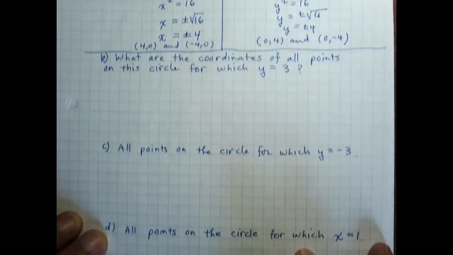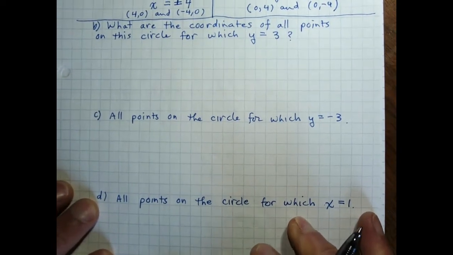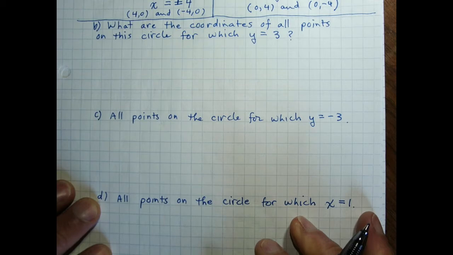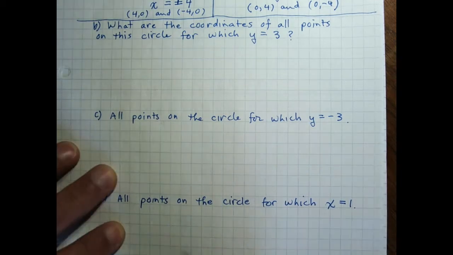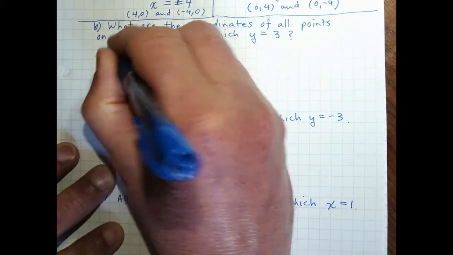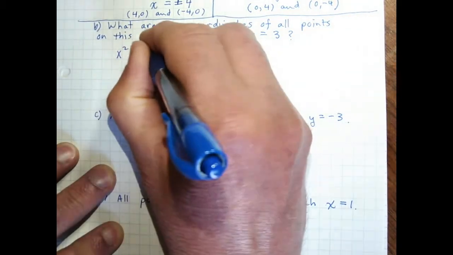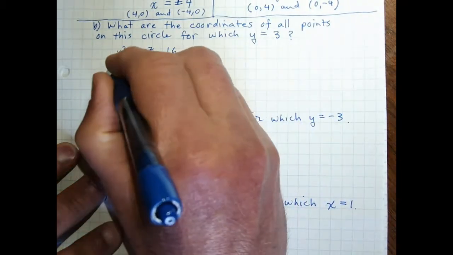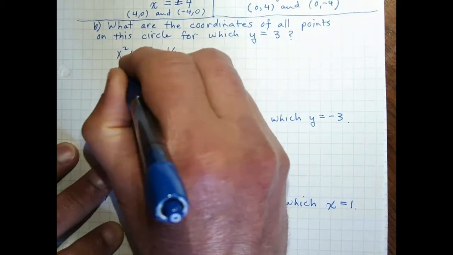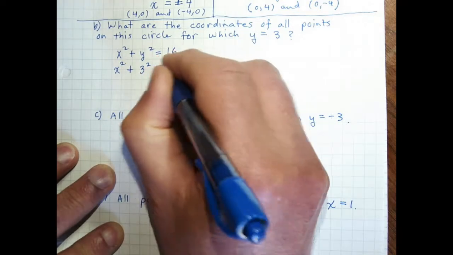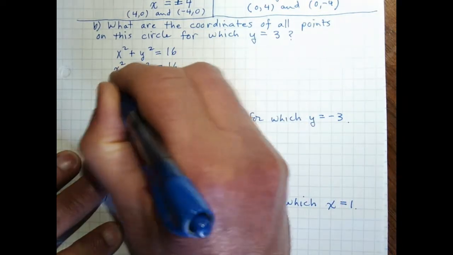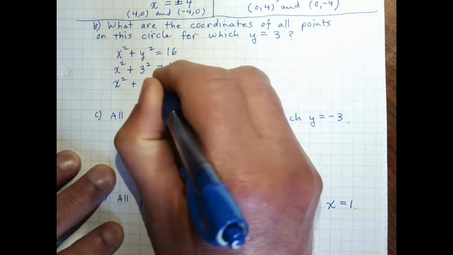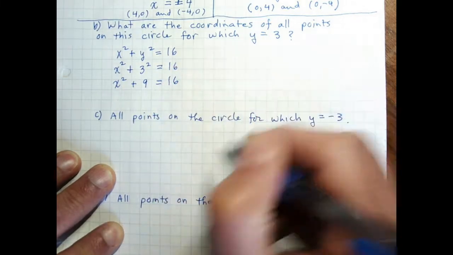Okay, let's go on to part B. What are the coordinates of all points on this circle for which y equals 3? We can take that same equation, x squared plus y squared equals 16, and plug in y equals 3. So I get x squared plus 3 squared equals 16. x squared plus 9 equals 16.